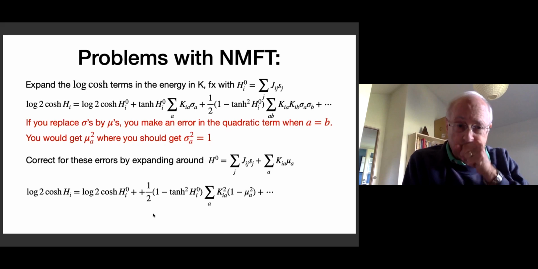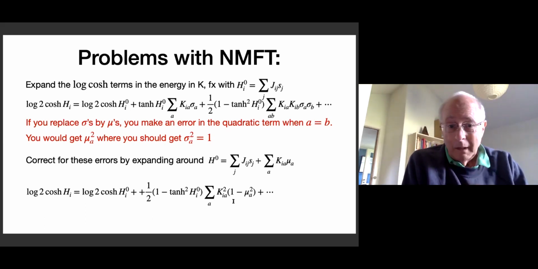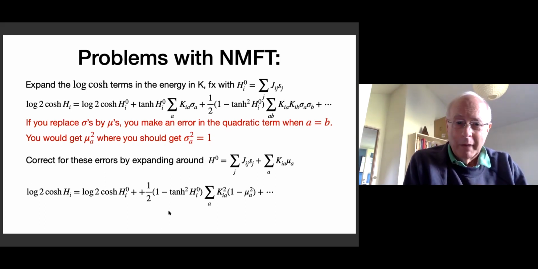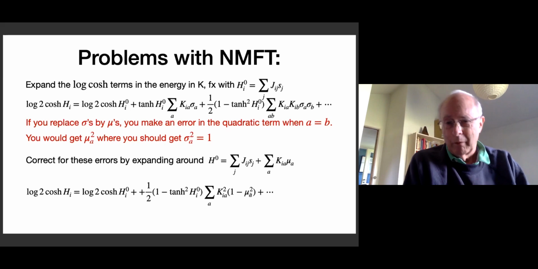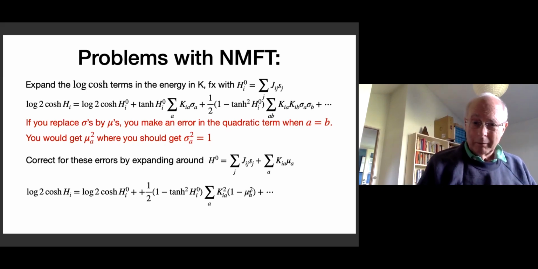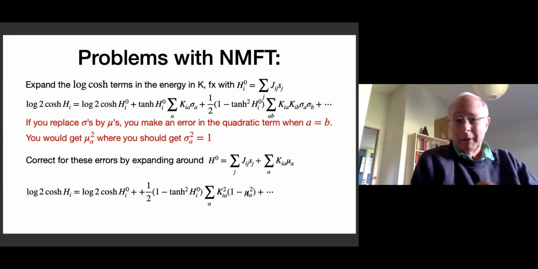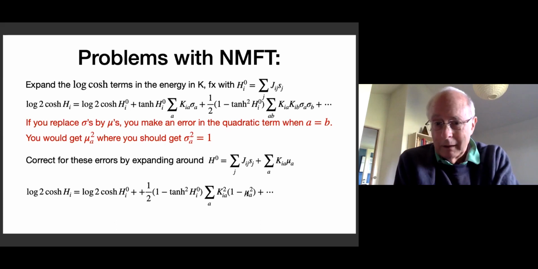And then there's no linear term. The first thing you get is a quadratic term, and it's got 1 minus tanh squared, which is the second derivative. And just the correction that you have to make. You should be getting 1, and what you were getting is mu squared. So you get a term like this. And you can take this to higher order, but I won't talk about that here.